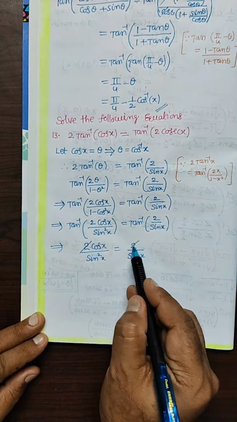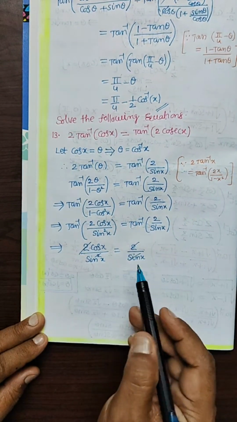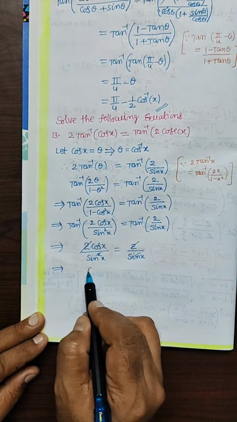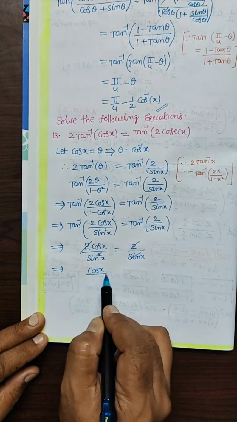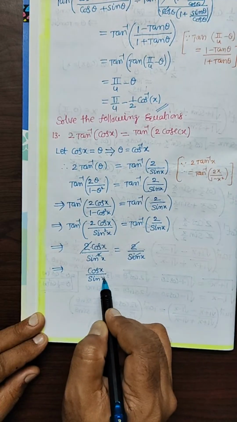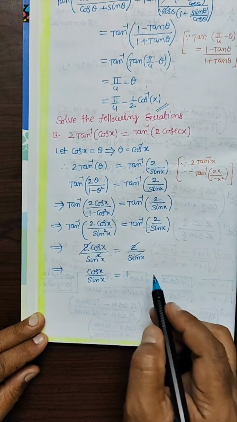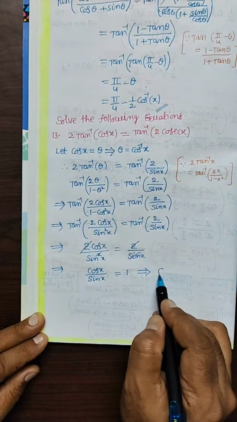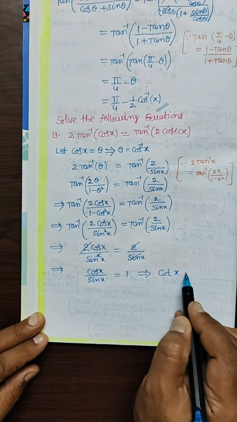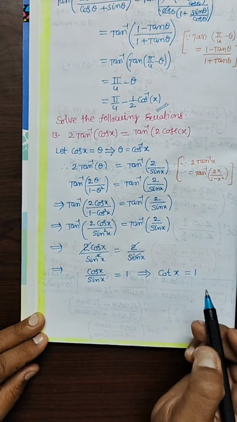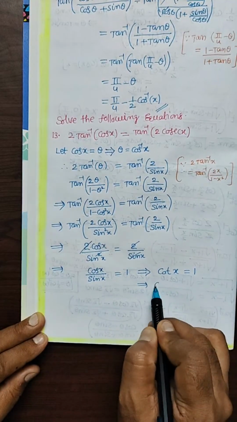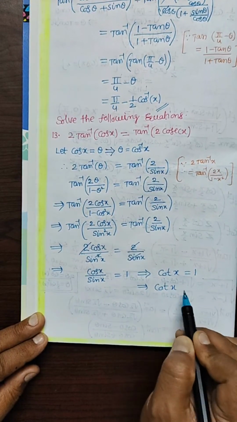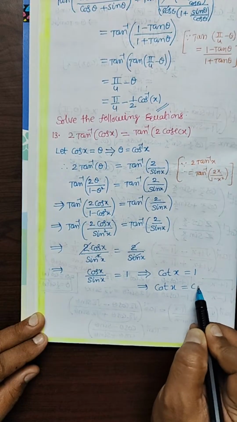So 2 gets cancelled. One of the sin x also gets cancelled. So cos x divided by sin x is equal to 1. That implies that cot x is equal to 1. So when cot x is equal to 1, cot x is equal to cot pi by 4.